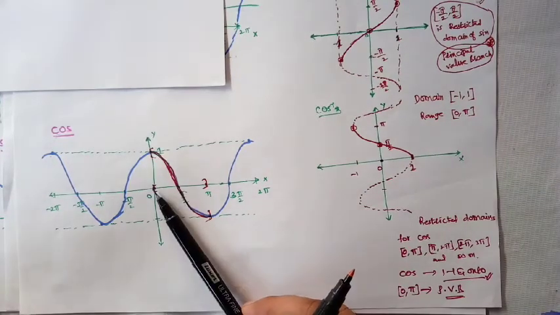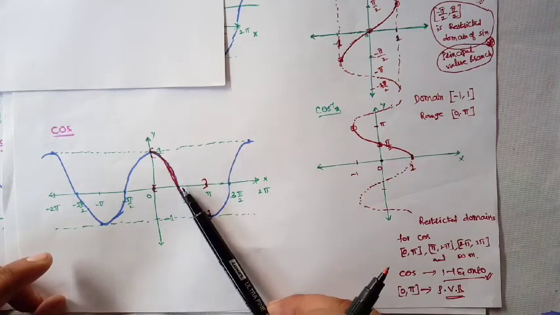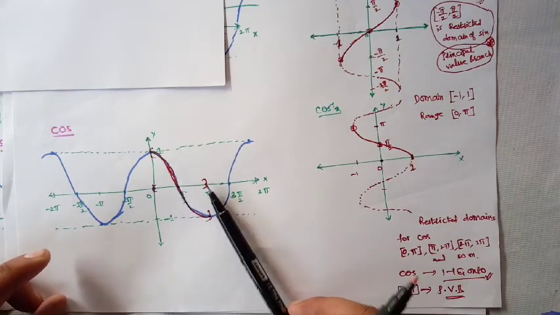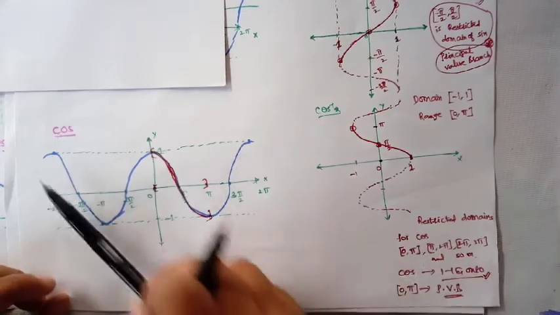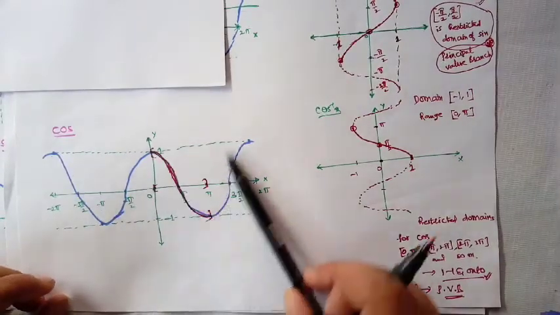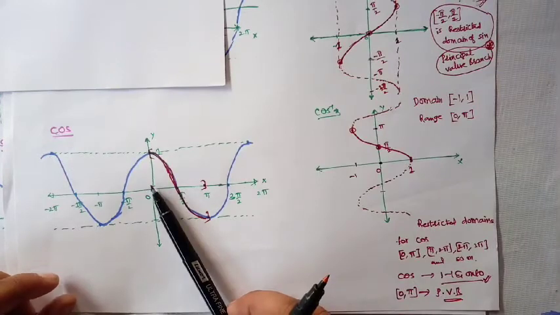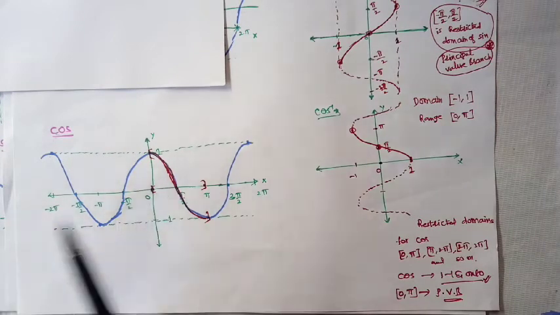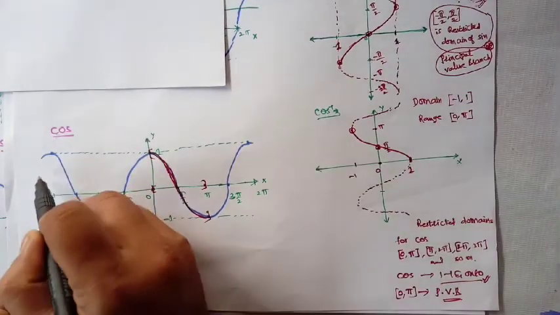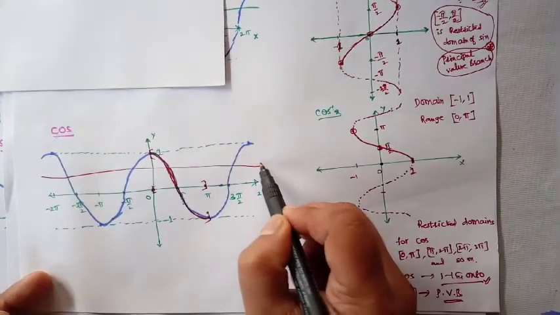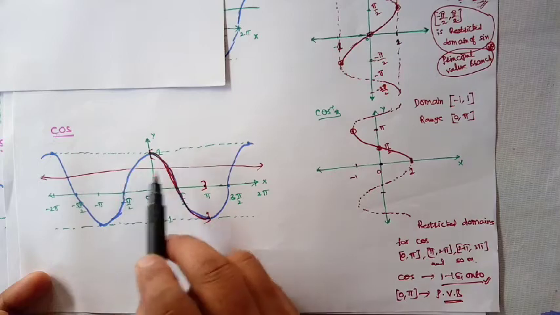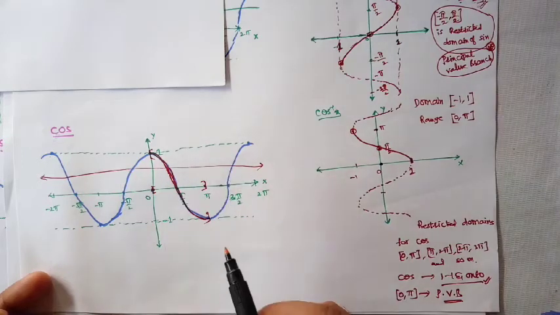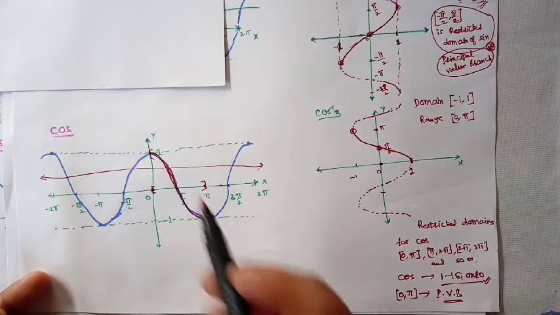Cos 0 is 1, cos pi by 2 is 0, cos pi is -1, cos 3 pi by 2 is 0, cos 2 pi is +1. So joining the graph this way. Now we need to see the same way what we observed here. Drawing a line parallel to the x-axis, it is also intersecting in more than one place. Then we should restrict the domain here.